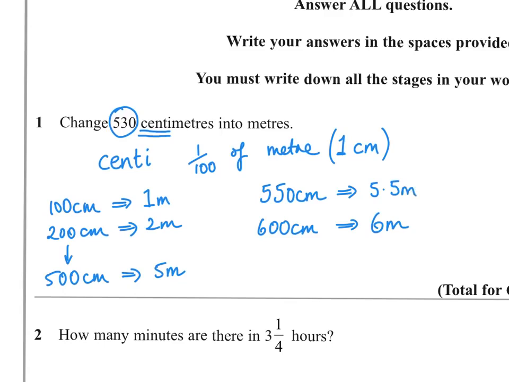So you're probably on the right tracks now to think what 530 would be, and the answer would be 530 centimetres would be 5.3 metres.